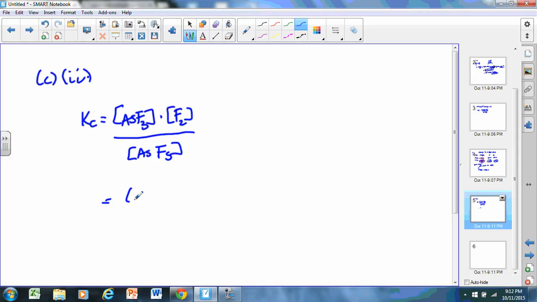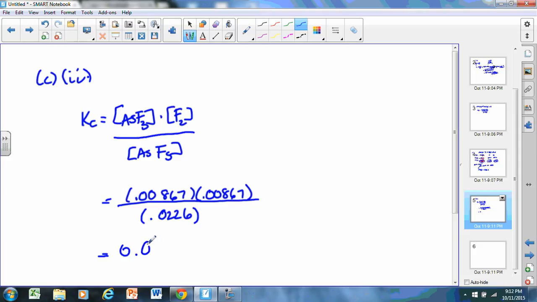So this is 0.00867 times 0.00867 divided by 0.0226. If I do that, I get 0.00333, because this has 3 sig figs, this has 3 sig figs, and this has 3 sig figs.